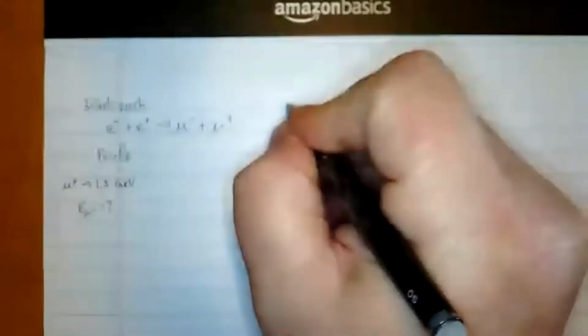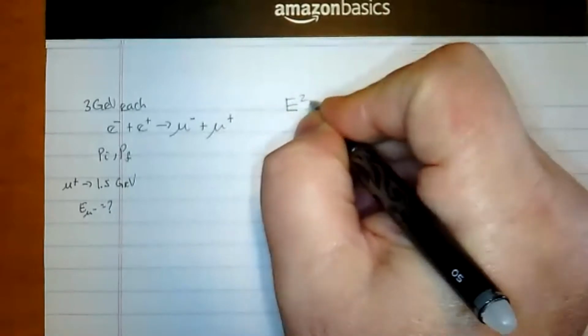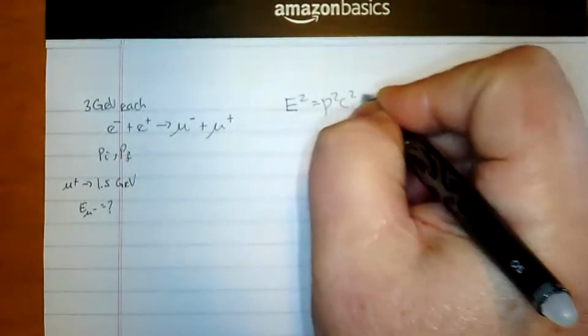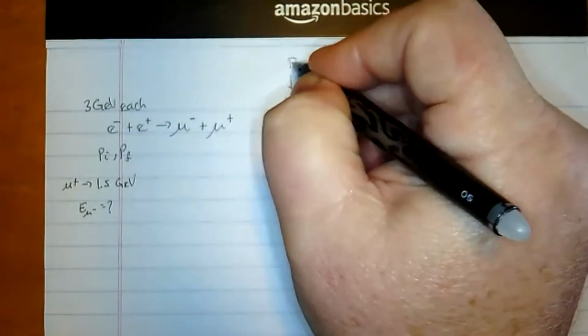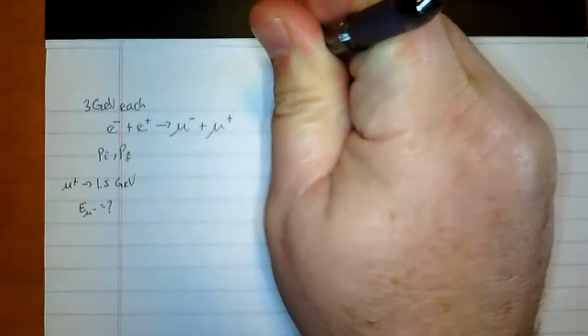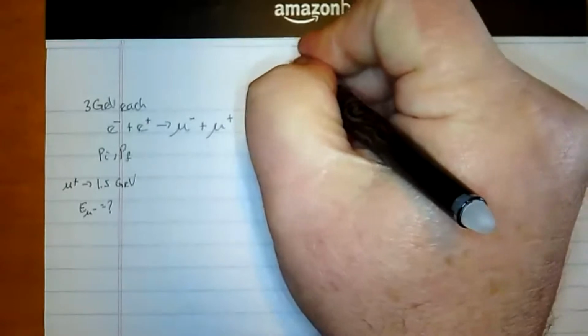So we have some expressions. One thing that you might need, we're not sure yet, E squared is equal to P squared C squared plus M squared C to the fourth. That's the total energy.